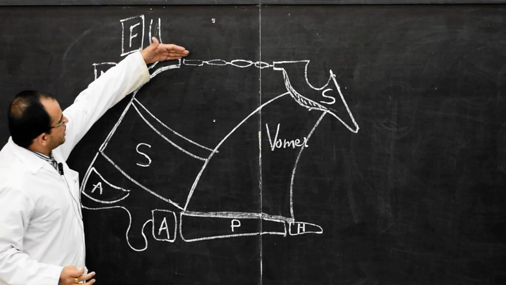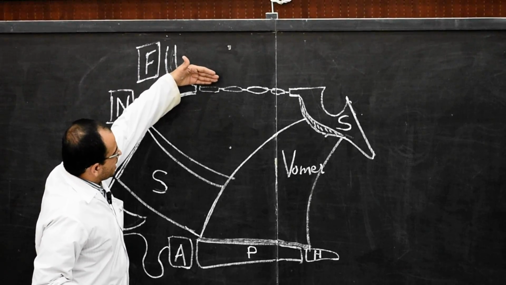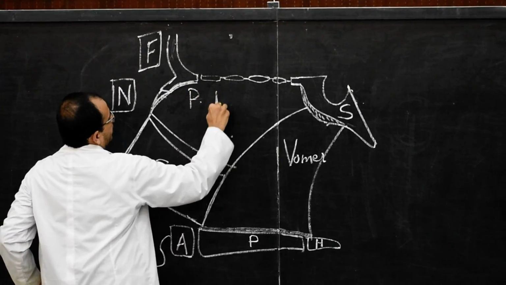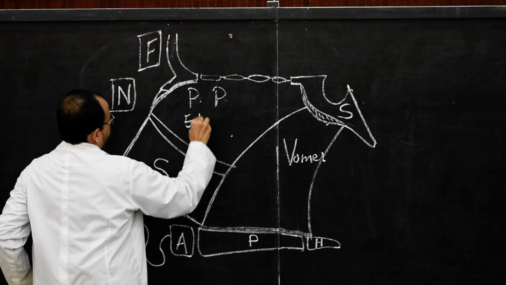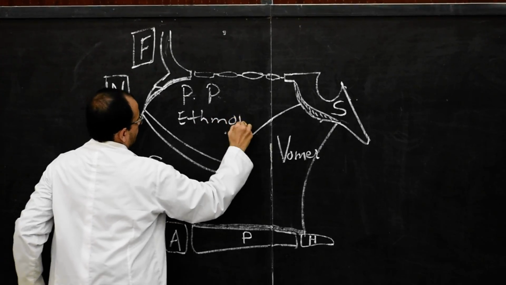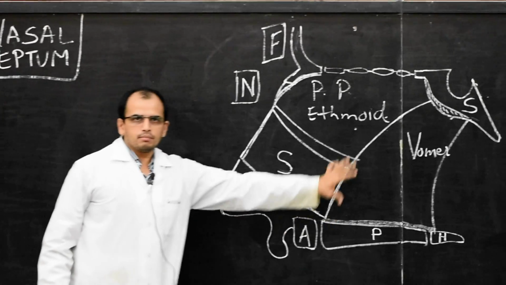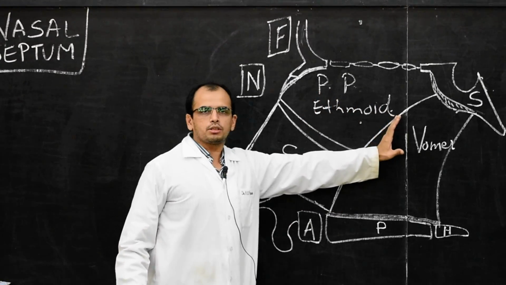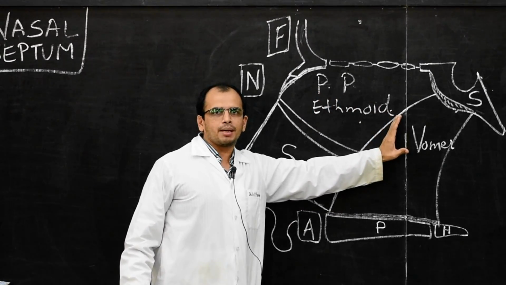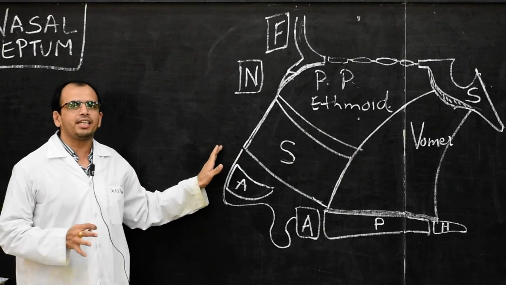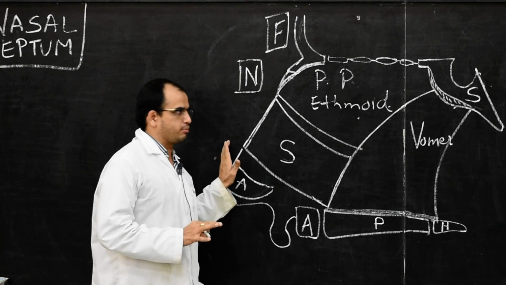And one plate of bone extends from above, that is the perpendicular plate of the ethmoid bone. So the nasal septum has two bones forming the posterior part of the septum and two cartilages forming the anterior part of the nasal septum.